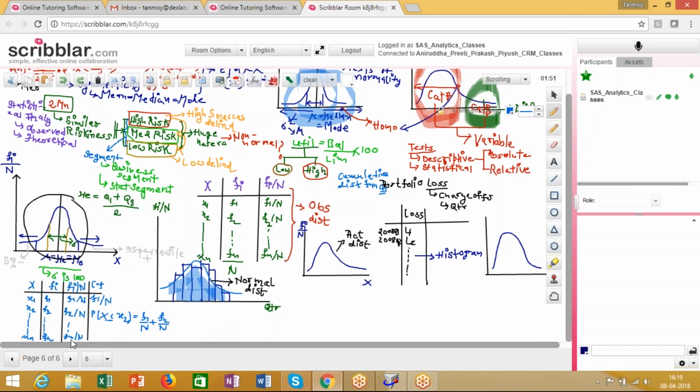So the next stage, when I calculate the probability of x less than x3, it is f1 by n plus f2 by n up to f3 by n.